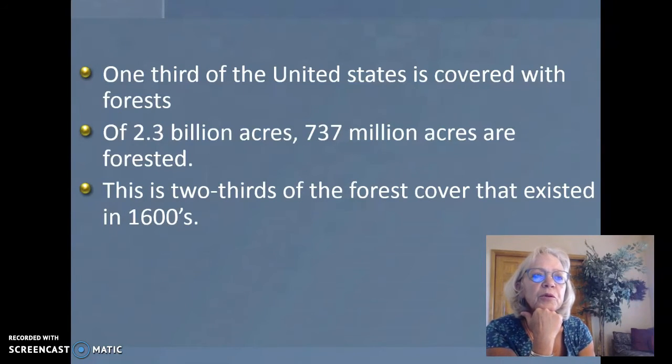Of 2.3 billion acres, 737 million acres are forested. This is 2/3 of the forest cover that existed in the 1600s. So think about that video we saw on the first day and see how that fits in with what the video was saying.